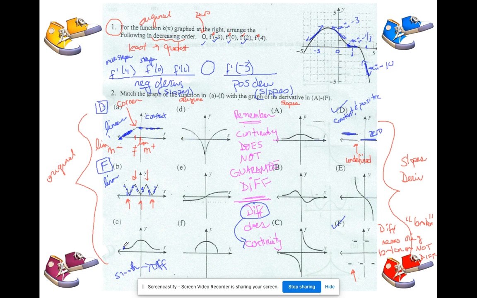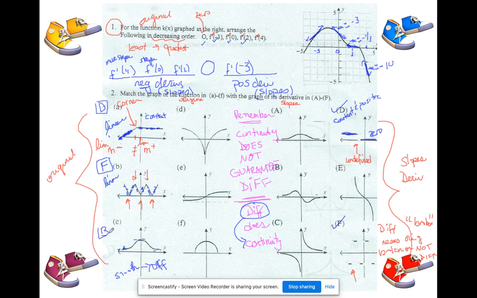At the left, I have a tangent line that is either 0 or very close to 0. In the middle, I have a tangent line that is 0. At the end, I have a tangent line that is also close to 0. So I'm looking for a derivative graph that starts at 0 or close to 0 and ends the same way and has an x-intercept in the middle. Can you see which one that is? Yeah, I can already tell, right?